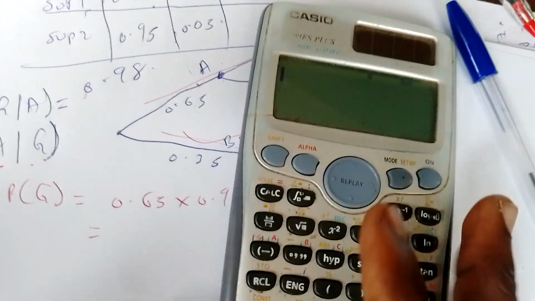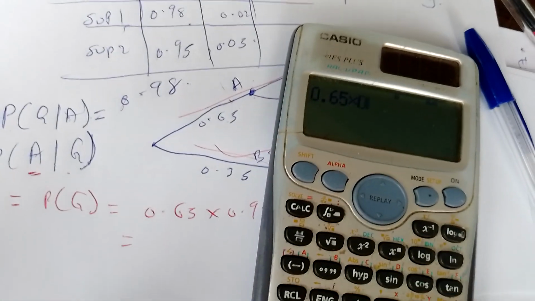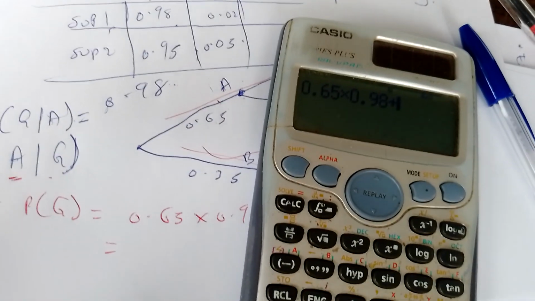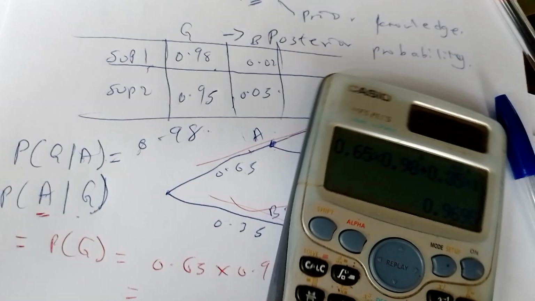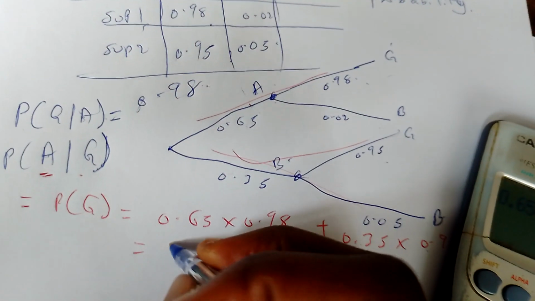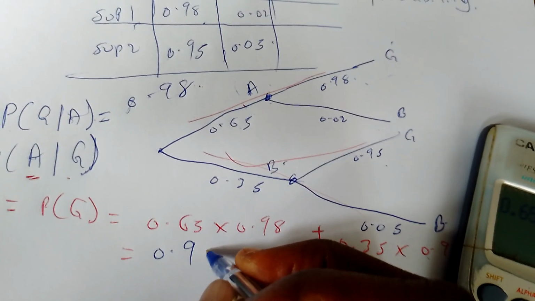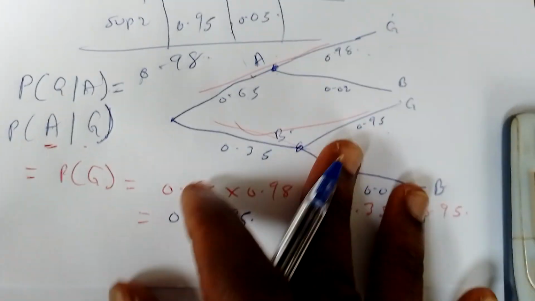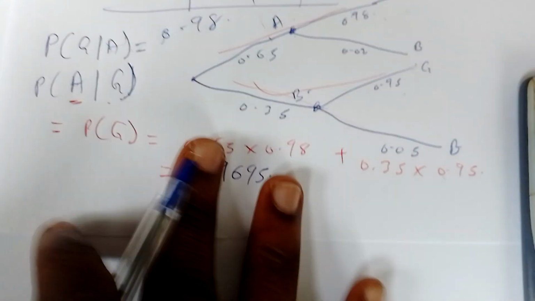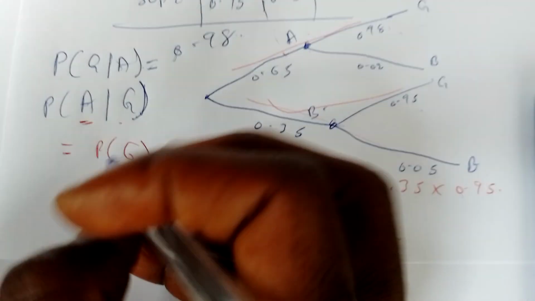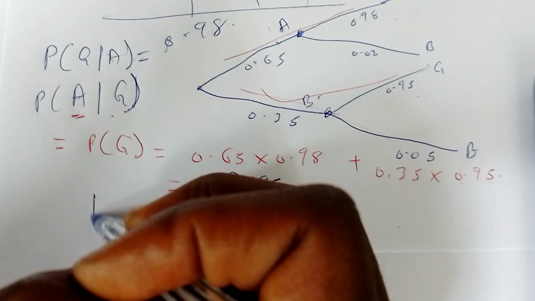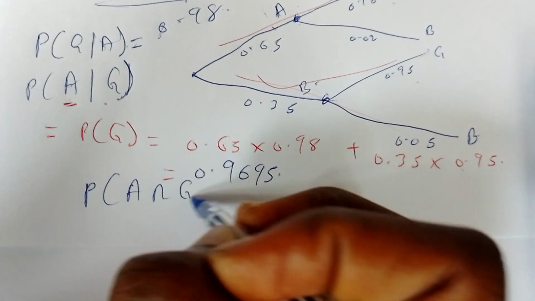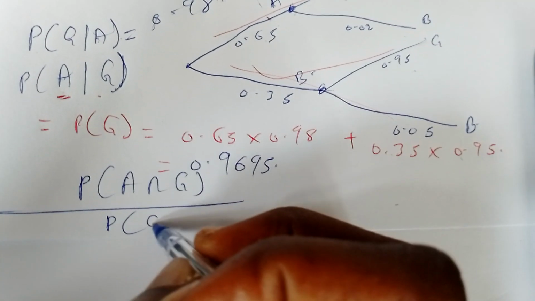You can punch this into your calculator: 0.65 times 0.98 plus 0.35 times 0.95. Hope it's not wrong. But yes, the probability that it is good is 0.9695. Now with this probability, you would like to find the probability that it is from A if it's good. That gives you the probability of A intersection good all over the probability of good.